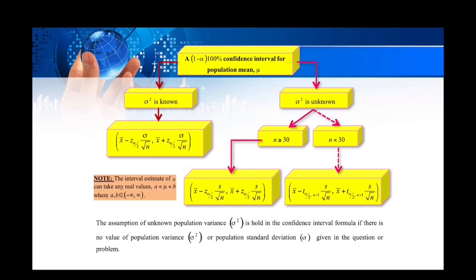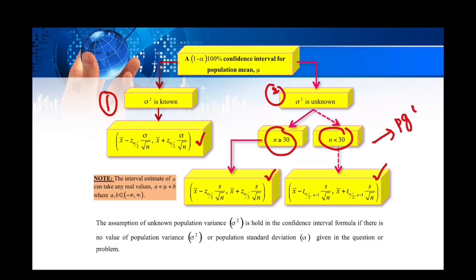The first formula is when the sigma square is known. When the sigma square is unknown, you have to consider the sample size. When your sample size is greater than 30, you use this formula. When the sample size is less than 30, you use this formula. These formulas are in your stat table, page 5.